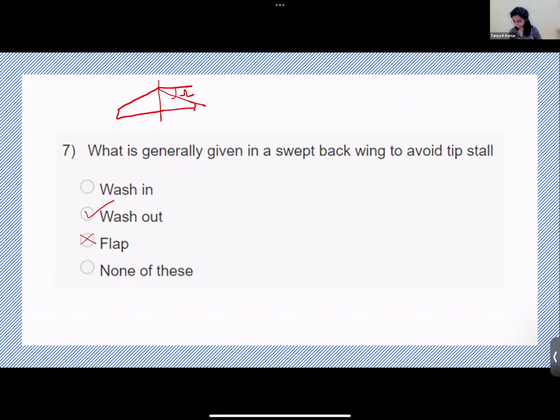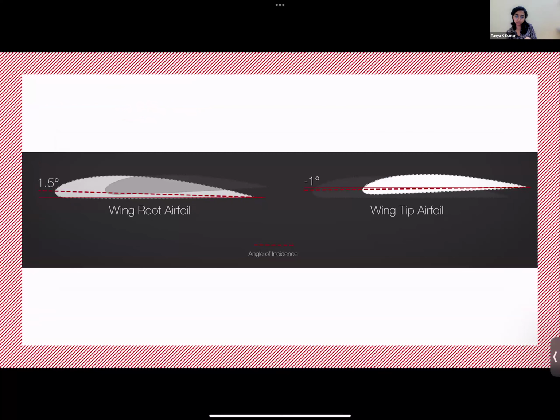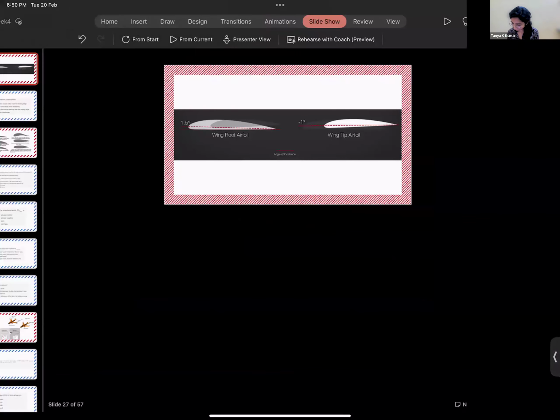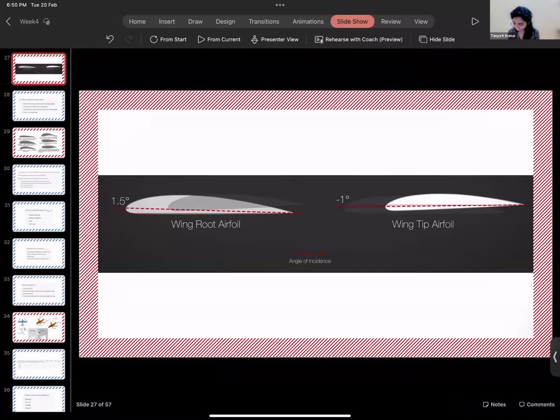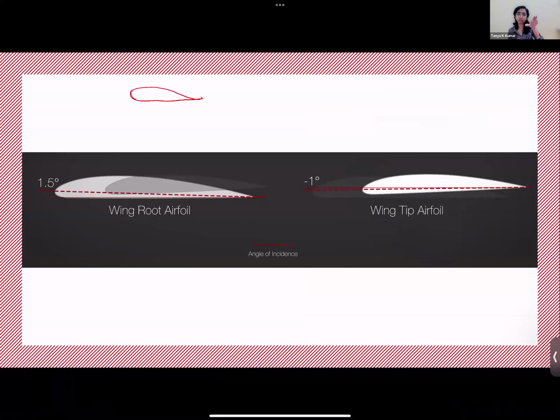So let me try to explain this. This is how they've introduced the geometric twist towards the wing tip. The root is at some positive angle of attack, in fact placed at a higher angle of attack. Here it says 1.5 degrees, so the wing setting angle is 1.5 degrees.